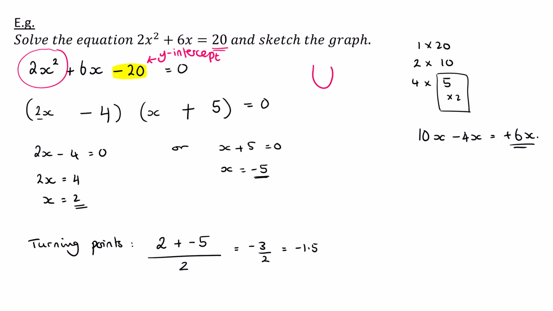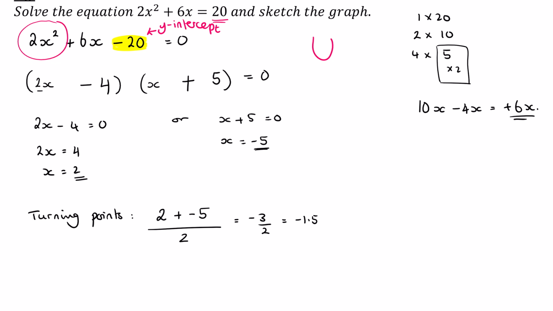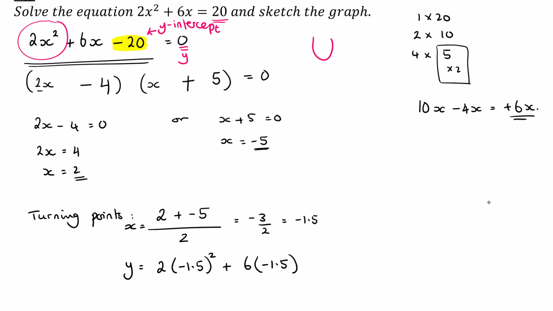And then I'm going to put it back into the equation. So remember, it's the y that equals 0. So y equals 2x squared plus 6x minus 20. So that's x, and y is 2 brackets minus 1.5 squared plus 6 brackets minus 1.5 minus 20.